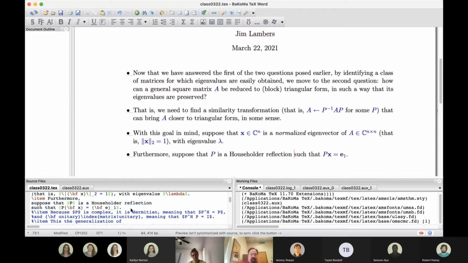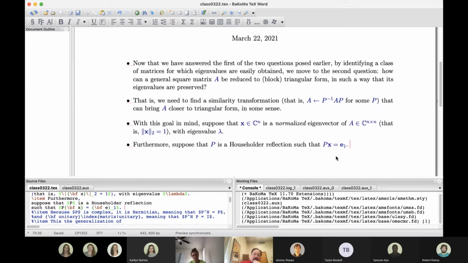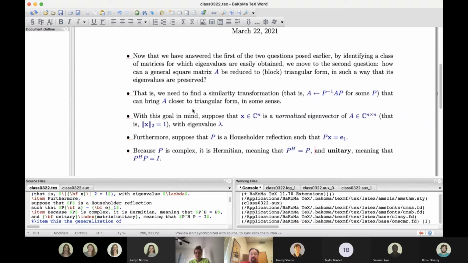So then what we can do is come up with a Householder reflection that I'll call P, such that if you apply P to your eigenvector x, you'll get e1, the first column of the identity. And we know we can do this because a Householder reflection is an orthogonal matrix, or really P might be complex. So P Hermitian transpose equals P. Hermitian is the complex counterpart of symmetric.